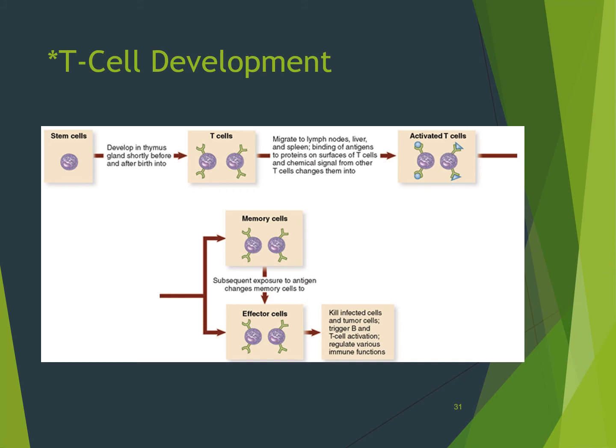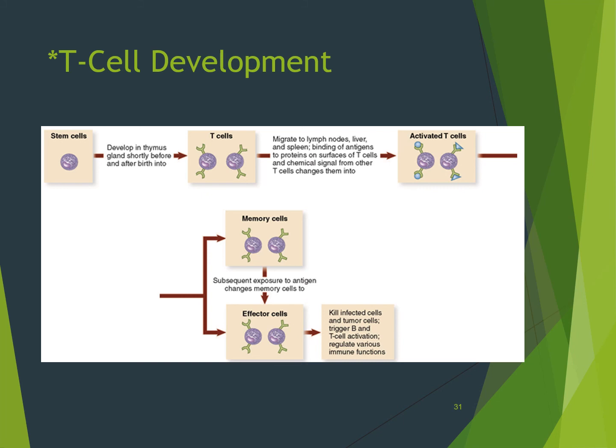Now, there are three types of T cells. The first one is cytotoxic T cells, and just like the word sounds, they release a toxin or a lethal poison that will kill the foreign invader.